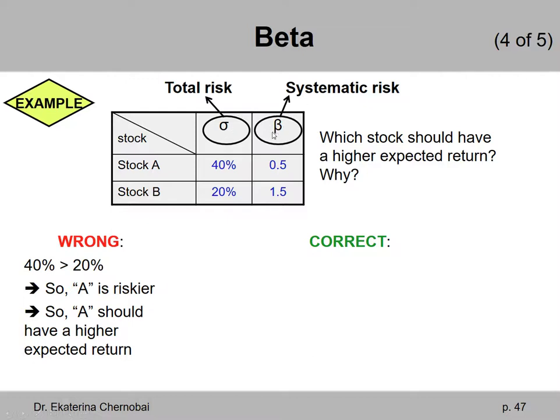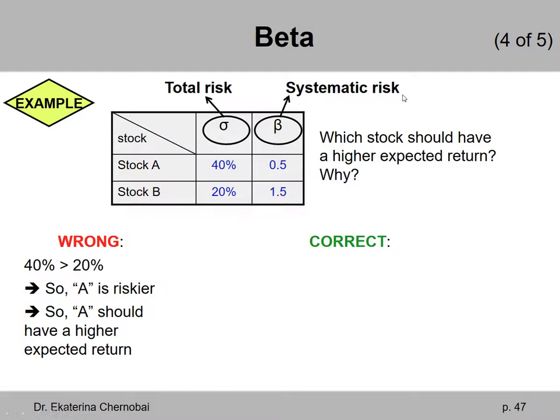It's limited to those fluctuations in returns caused by events that are on a large scale, not unique to a particular company like company A or company B, but something bigger like a recession or recovery in the economy that affects both companies in the same direction.